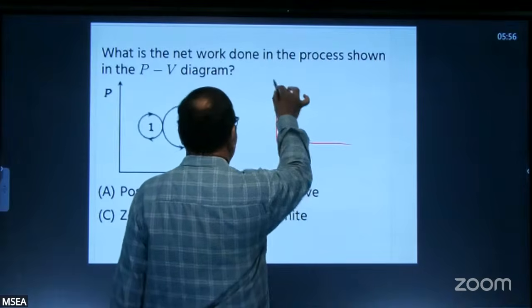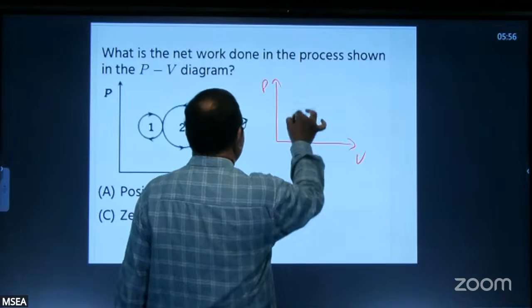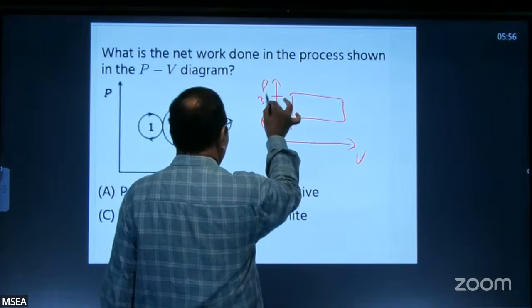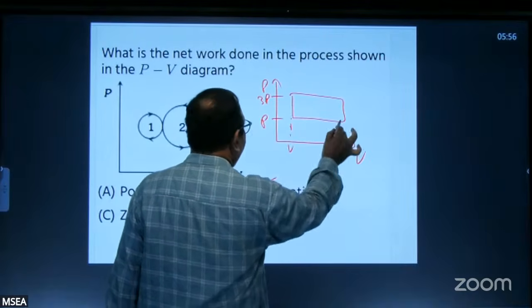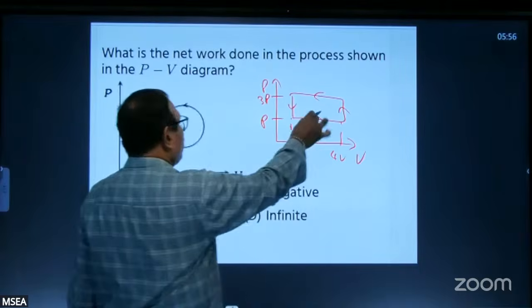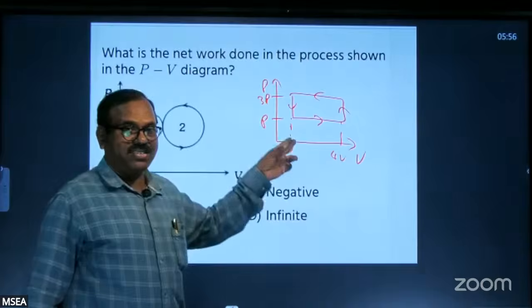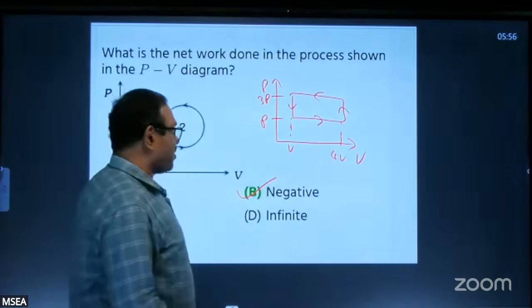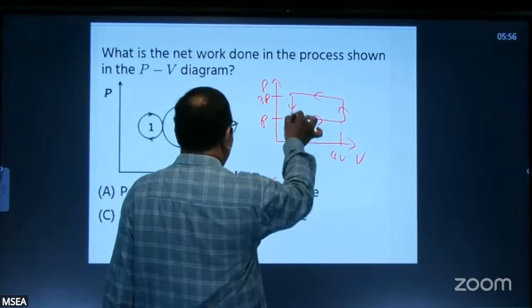For example, if I ask a question with P and V, let us take this is P, this is 3P, this is V, and this one is 4V. Is this clockwise or anti-clockwise? Anti-clockwise. As it is anti-clockwise, you take it as negative. Clockwise is positive.